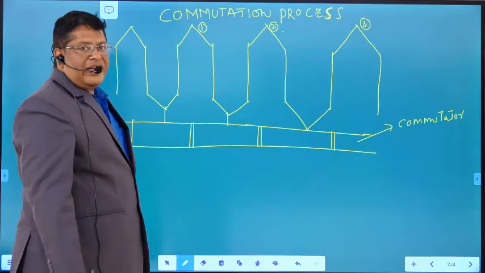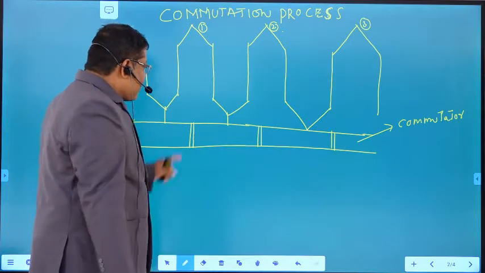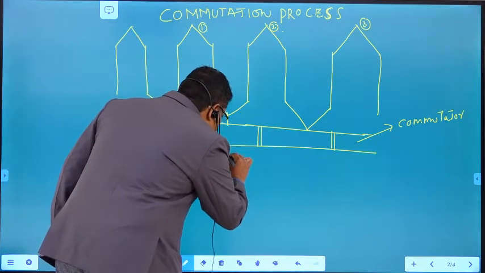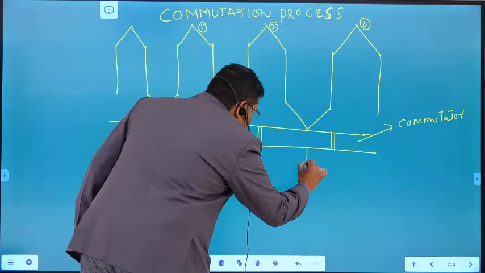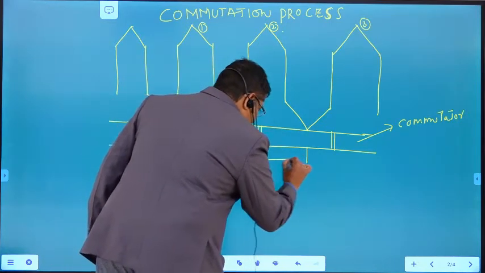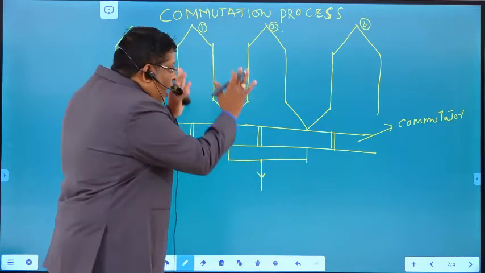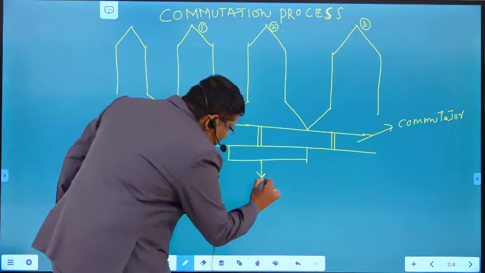The brushes are placed on the commutator segments. This is the initial position of the brush that we have taken here. From the brush, the current is collected from the armature winding and given to the load.